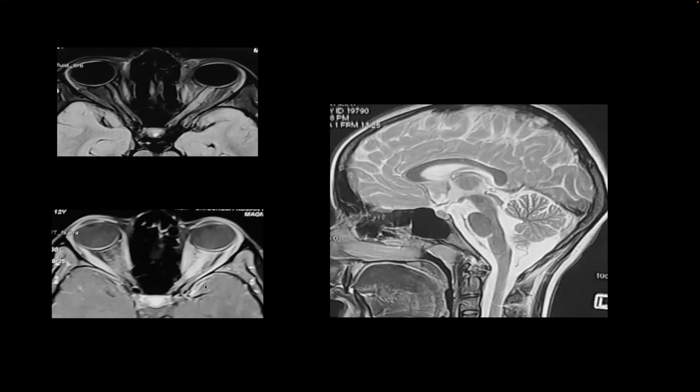And again, on the contrast sequences, you can appreciate the degree of enhancement, the long tract enhancement on the left side, some perineuritis on the right side. On the scan sequences, again, the quality is slightly degraded, but I could not appreciate any significant lesions along the midline structures. Some degree of volume loss, supratentorially and also in the cerebellum.